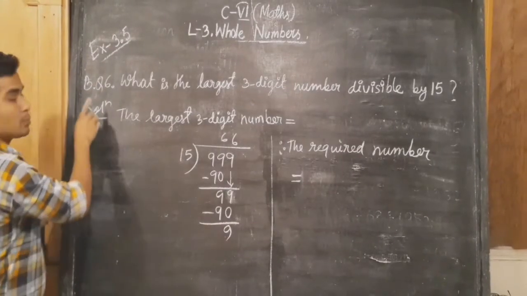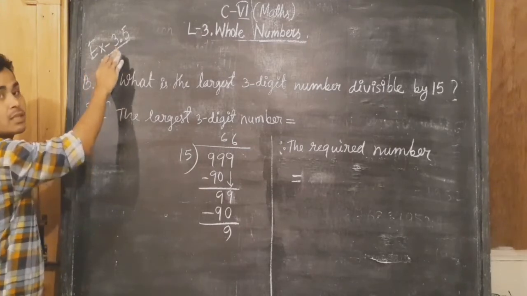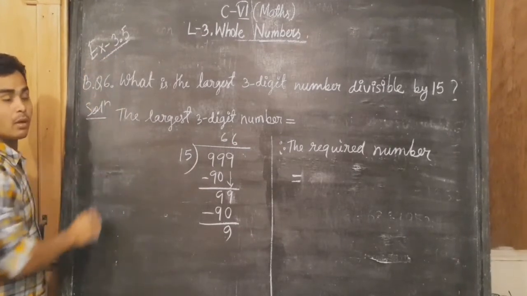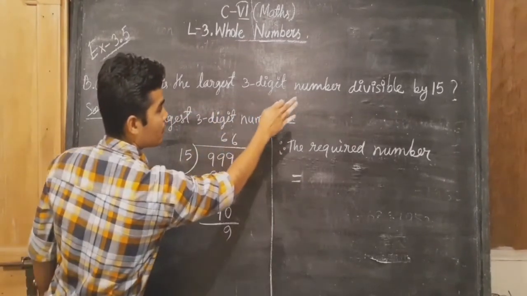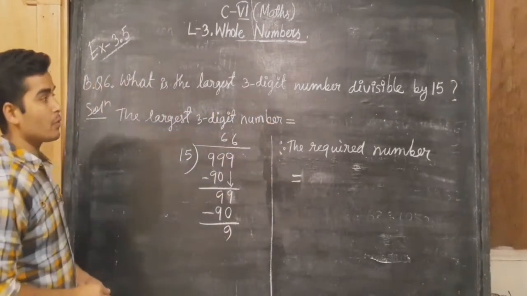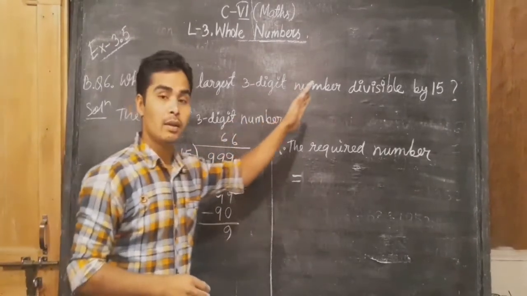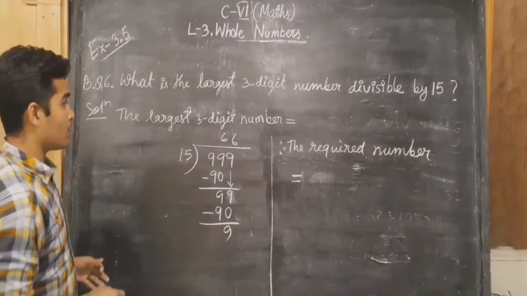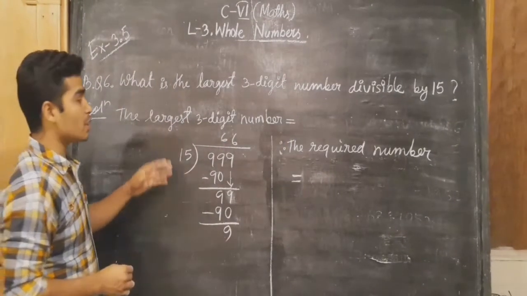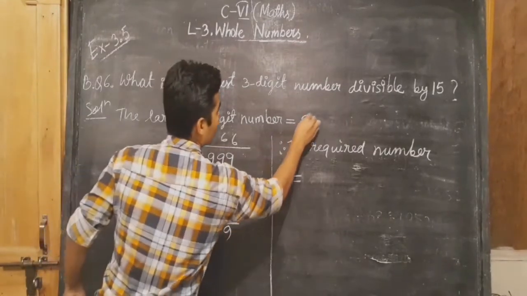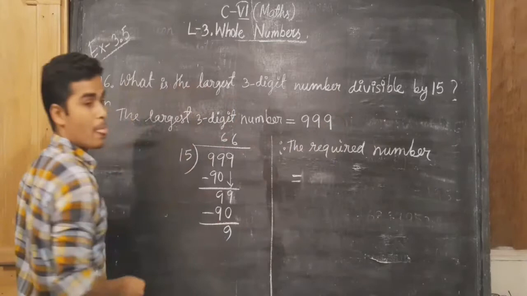Now let us move to the next question. This question also I have taken from exercise 3.5 B, question number 6. What is the largest 3-digit number divisible by 15? I have to find the largest 3-digit number which must be divisible by 15. But we know the largest 3-digit number is 999.